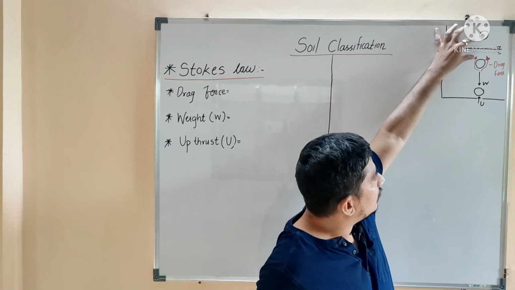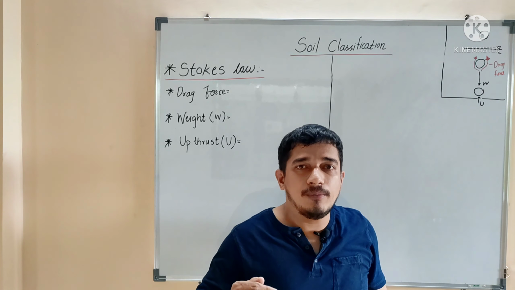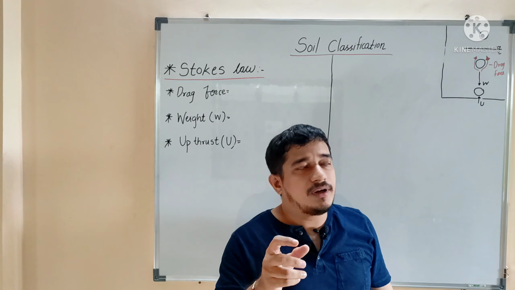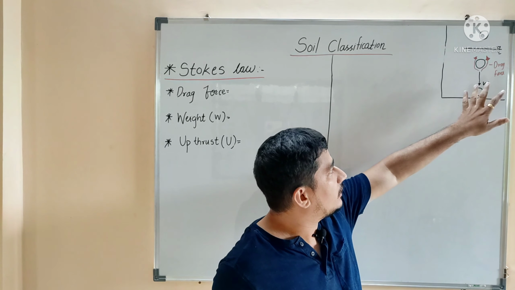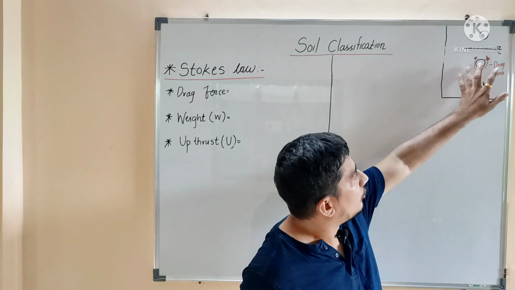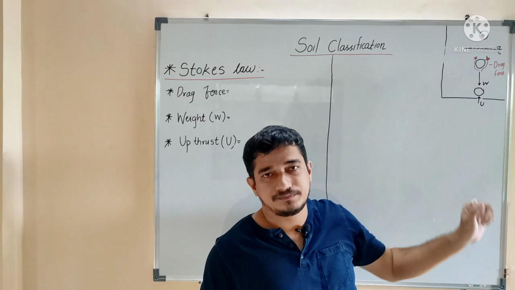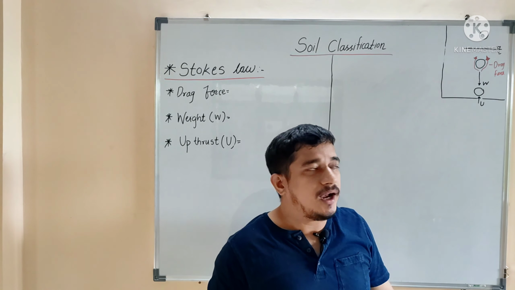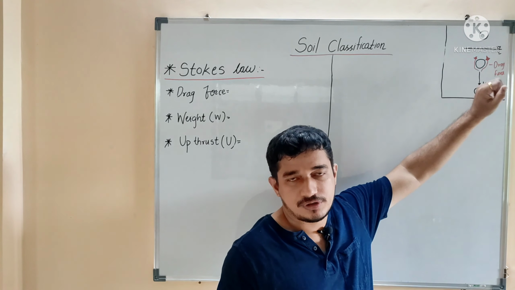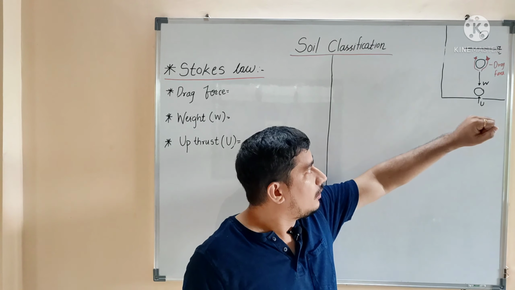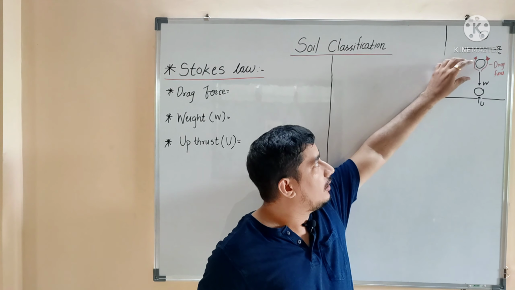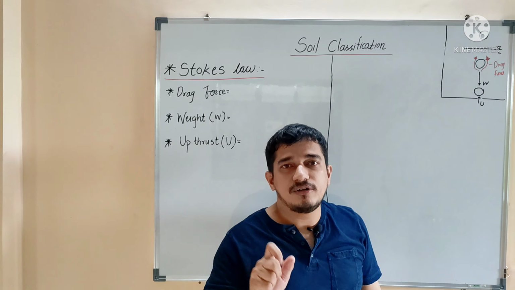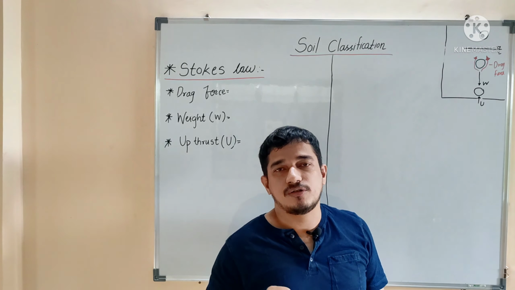When it settles in water, initially it will have higher velocity, but as it spends some time in the fluid, there will be a drag force acting all over the surface of the sphere, and the drag force will be acting in upward direction. Because of that, its velocity will be reduced. After a certain time, it will possess a constant velocity. That constant velocity is nothing but the terminal velocity.